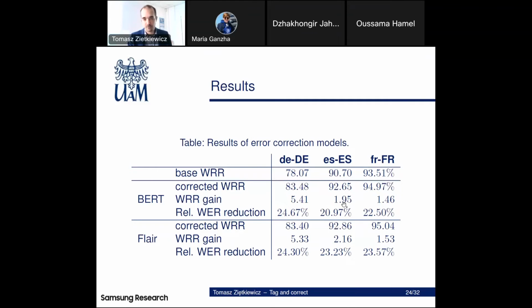I have also computed word recognition rate gain, so that's just the absolute difference between the ASR result and the result after correction, and relative word error reduction rate, so the percentage of errors which we're able to correct.